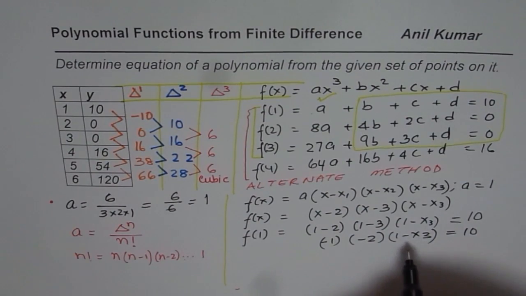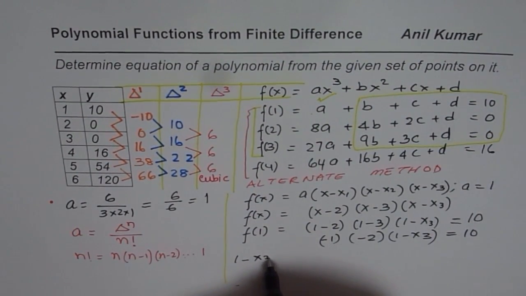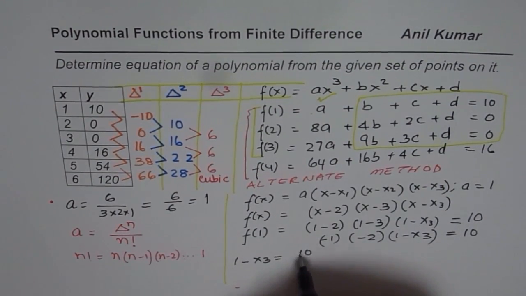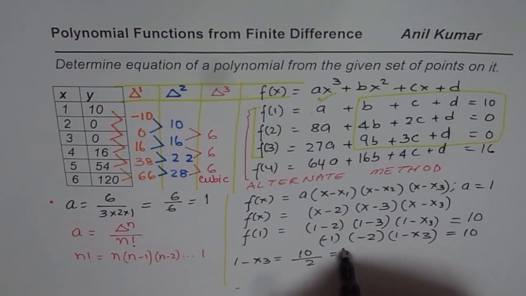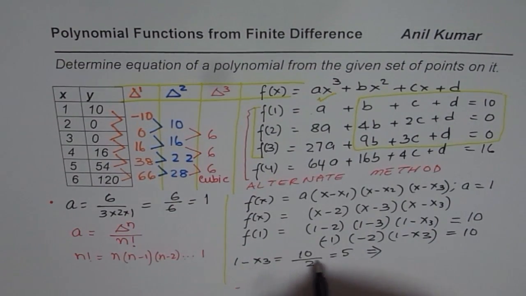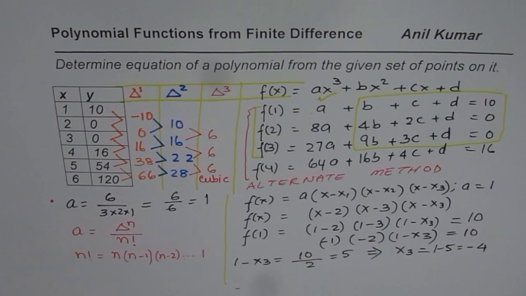So that really means that, let me write down here because I'm running out of space, 1 minus x3 is equal to 10 divided by 2, right? Which is 5, okay? And that gives you the solution as x3 is indeed equal to 1 minus 5, which is minus 4. That means the third zero is at minus 4.